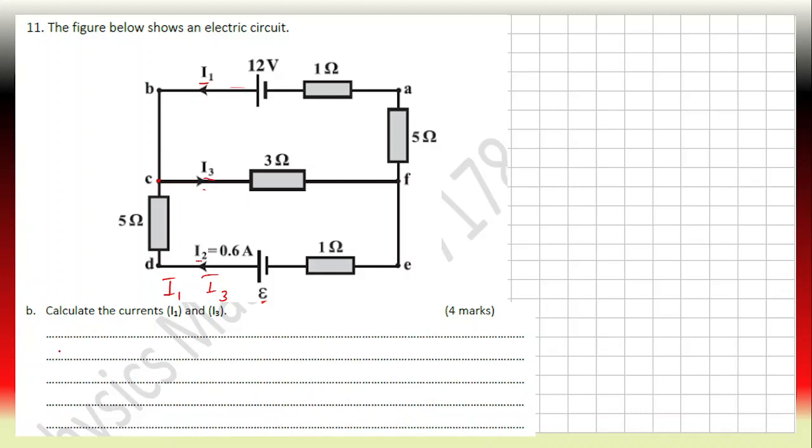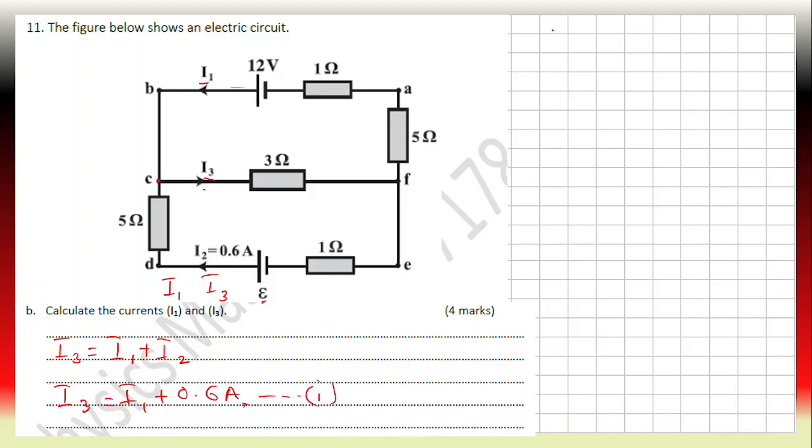So I3 is equal to I1 plus I2. Therefore, I3 is equal to I1 plus, what is I2? I2 has been given as 0.6 amperes. This one is our first equation. We can just leave it there.